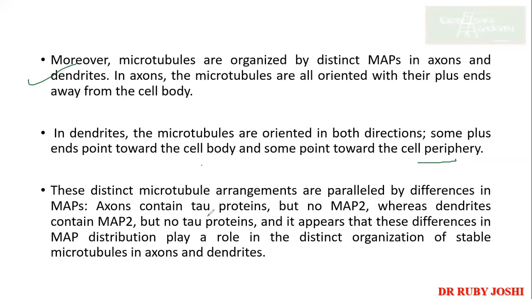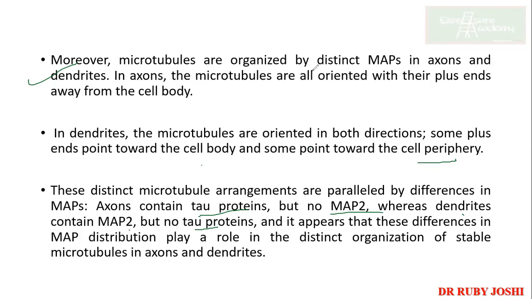For example, axons have tau proteins but no MAP2, whereas dendrites contain MAP2 and no tau proteins. Because of these differences in MAP distribution, both play an important role in stabilizing the microtubules in the axons and the dendrites, and hence they have differences, like what the function of dendrites is and what the function of axons is.